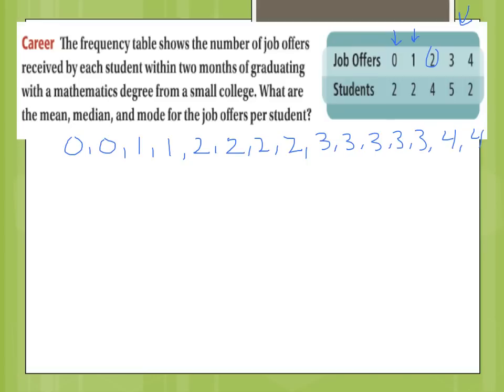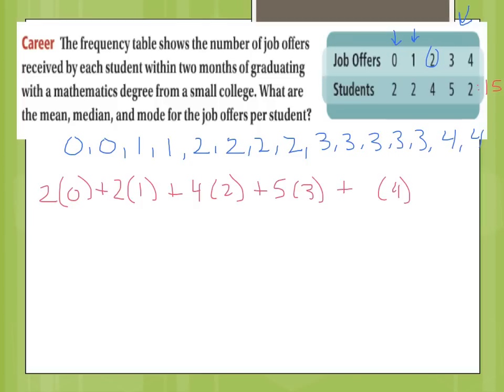So first I'm going to find the mean of all the data points. You could add up all of these and then divide by how many they are, but with a frequency table, there's a shortcut. First I'm going to figure out what my total is. There's 2, 4, 6. There's a total of 15 different numbers. Now, 0 occurred 2 times, and then I can add that to 1 occurred 2 times, 2 occurred 4 times, 3 occurred 5 times, and 4 occurred 2 times.